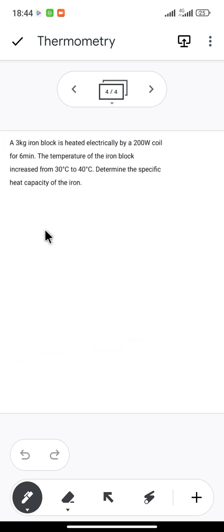Now, the question says a 3 kilogram iron block. So the mass is 3 kilograms. This time I'm not working with a calorimeter and co. Iron block is heated electrically by a 200 watts coil. Now the unit for power is watts, so our power is 200 watts. For 6 minutes, so time is 6 minutes, we have to convert this to seconds.